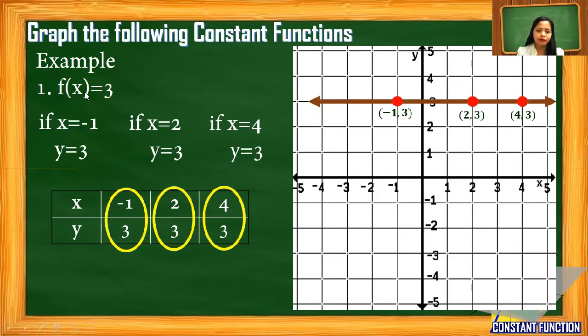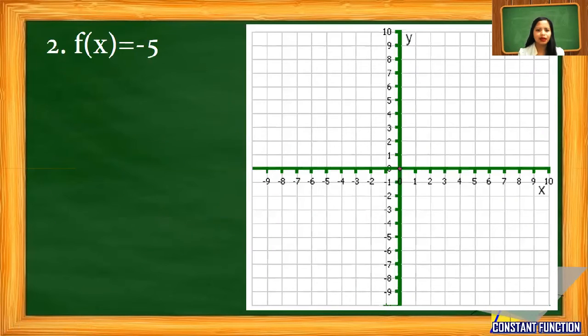The graph of f of x is equal to 3 looks like this, where the domain is any real number and the range is equal to 3. Now, for example number 2, f of x is equal to negative 5.